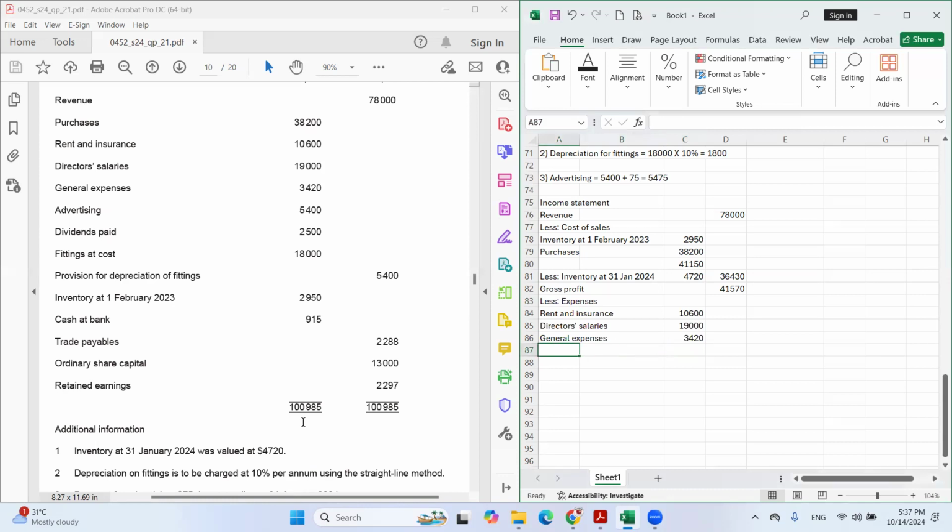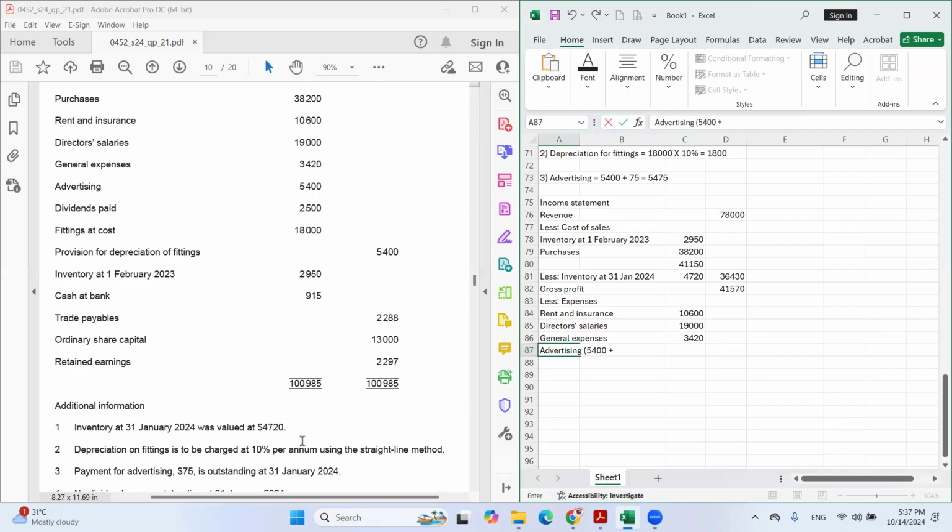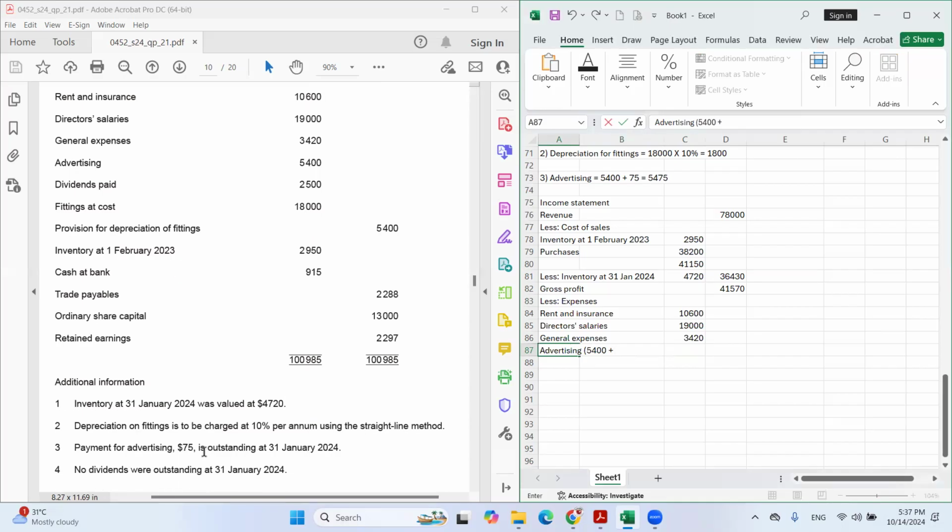And the advertising got the adjustment. Try to write your working or your adjustment right beside your detail. So this one 75. Okay, so this one will be 5,475. And then what else? Depreciation. So depreciation for fitting, same thing.